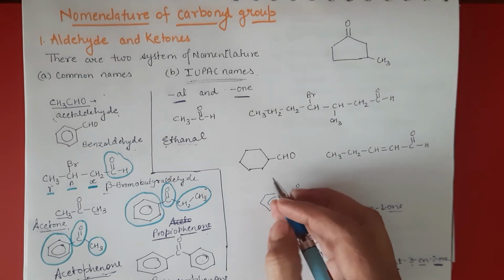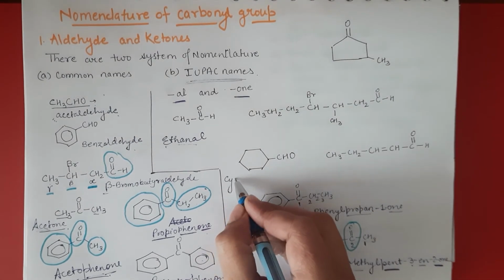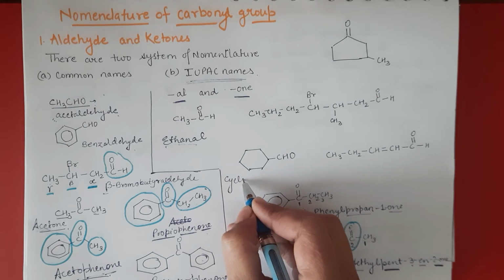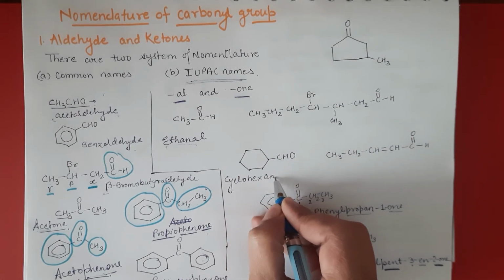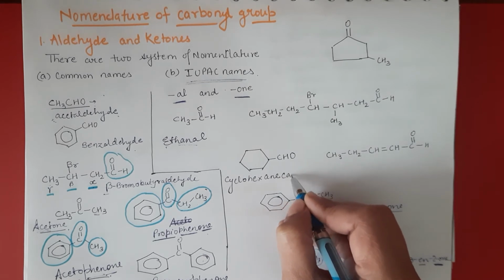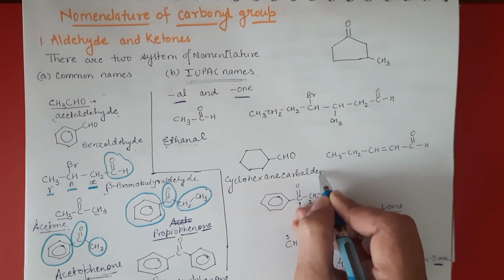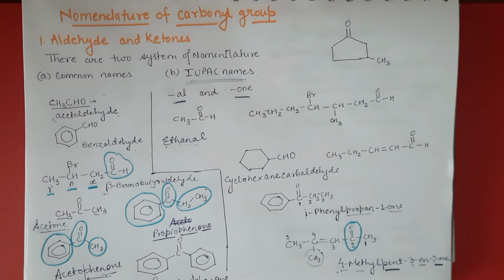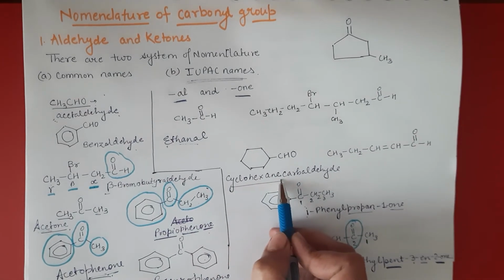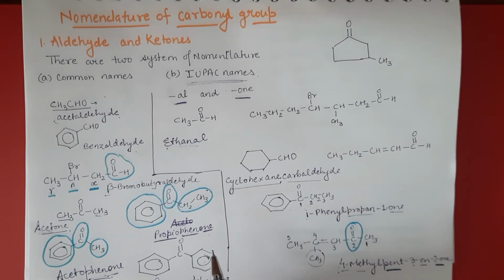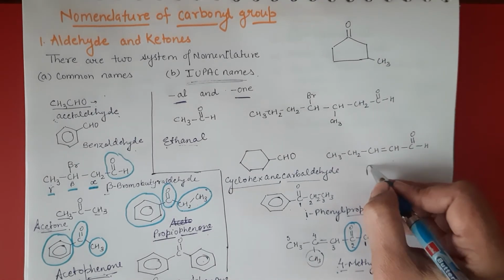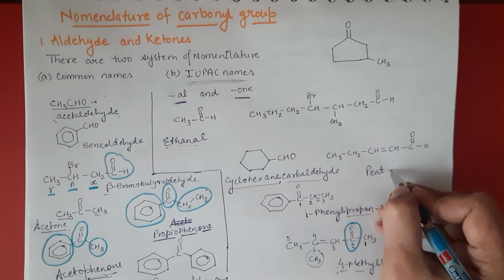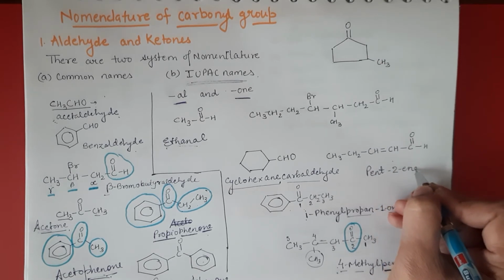For this compound, the name is cyclohexane carbaldehyde. Okay, cyclohexane carbaldehyde. Okay, this group, the name is pent 2-enal.